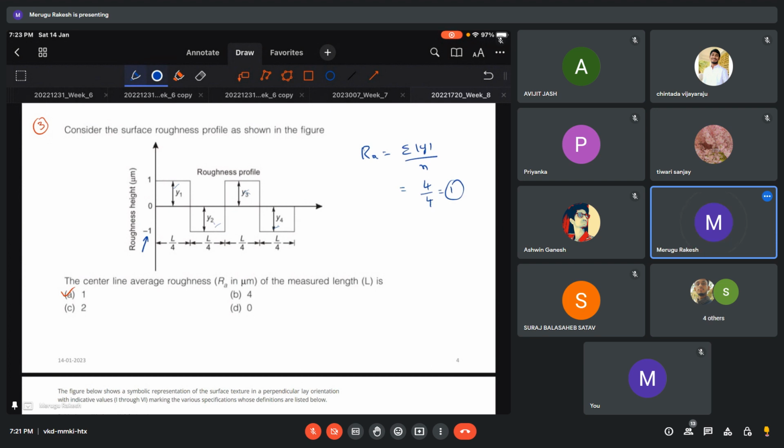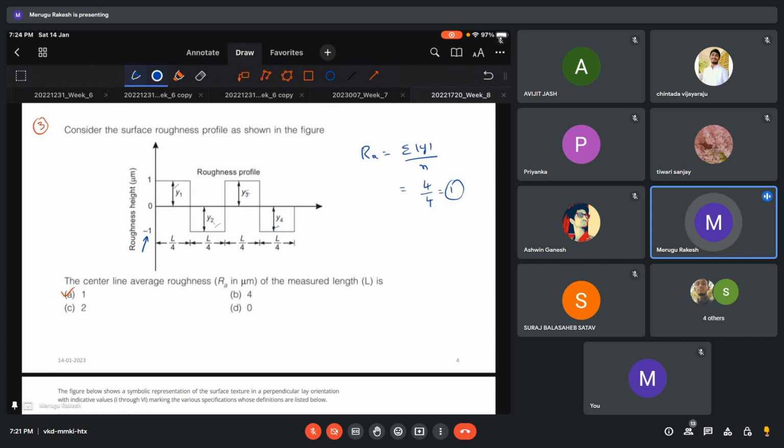Any doubts in this question? It is the summation of area divided by total length.